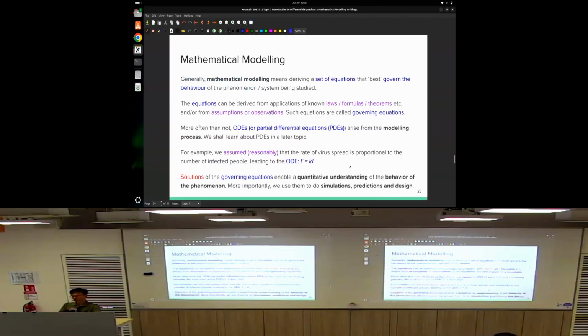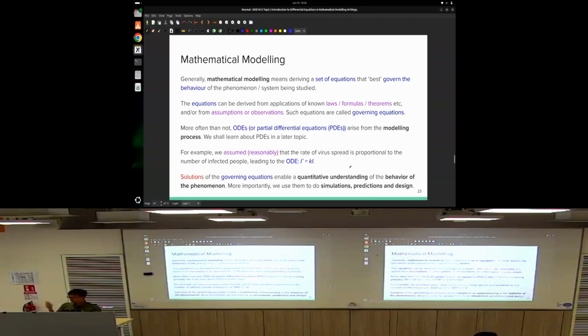Okay, so now we are going to finish up this topic by looking at mathematical modeling in a more complete manner. So we have looked at some examples from the systems of linear equations perspective, in topic 1, I believe.